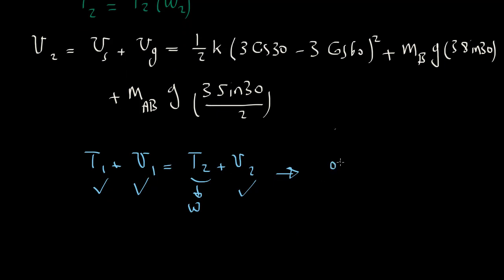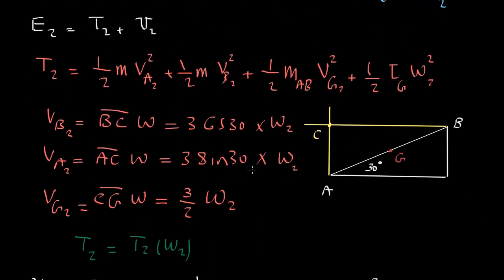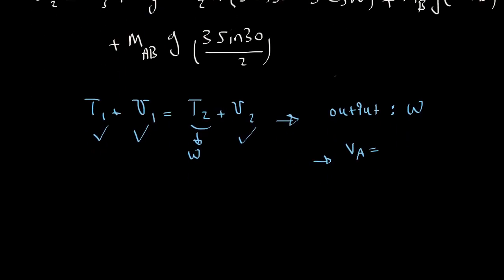And once we have omega, I can say that VA in state 2 would be AC, which was 3 sine 30, so that would be 3 over 2 times omega 2.